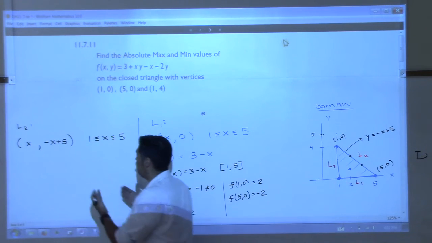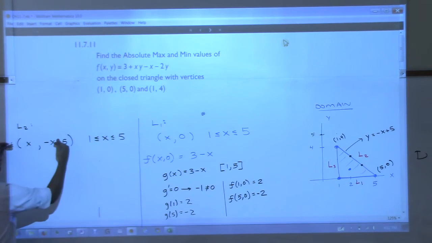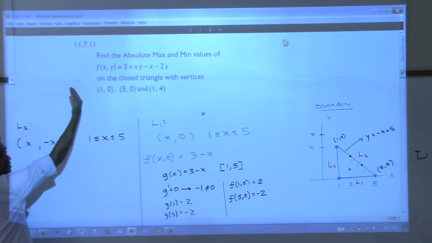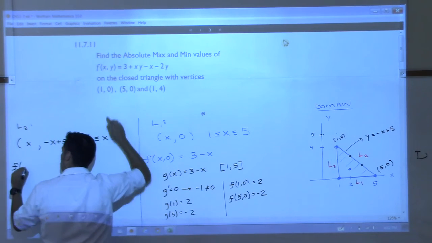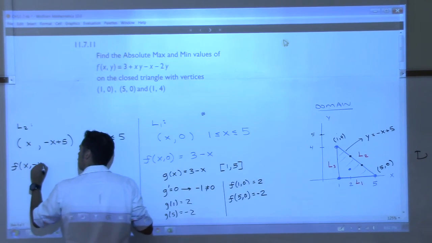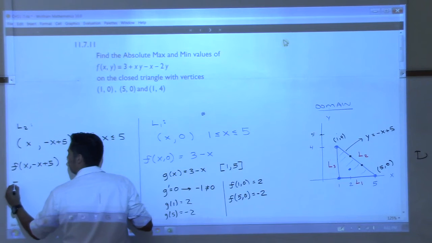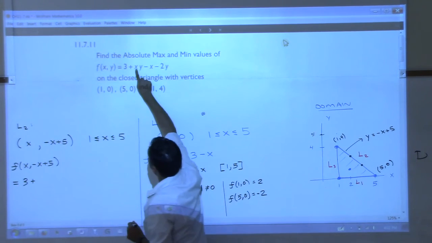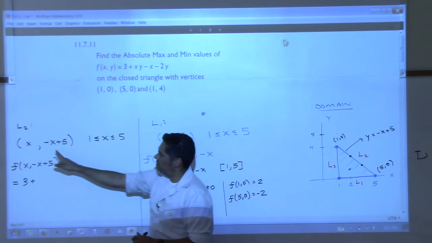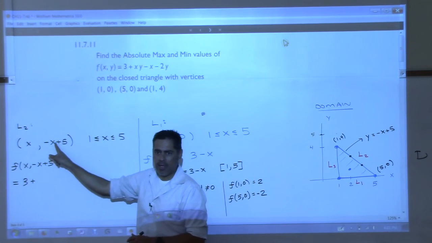Okay, now we need to see how we can turn this into some function of a single variable. So what we do is we plug these into our original function. We get f of x, negative x plus 5 equals 3 plus, what's x times y? Well, that's this times this, right? That's x, that's y.